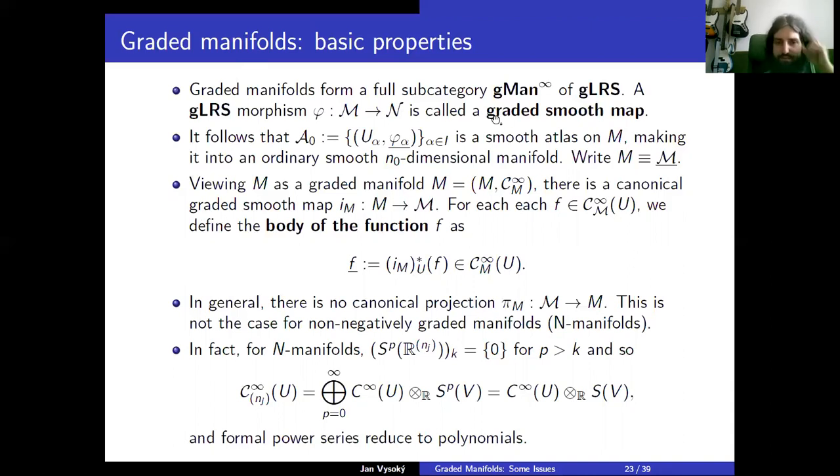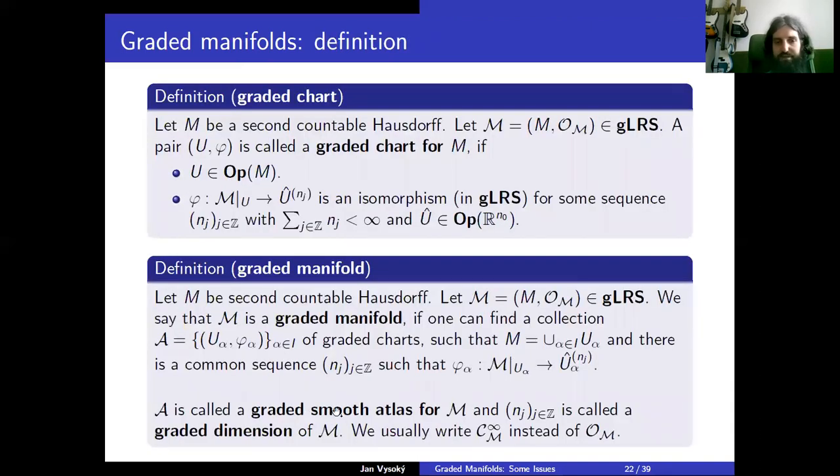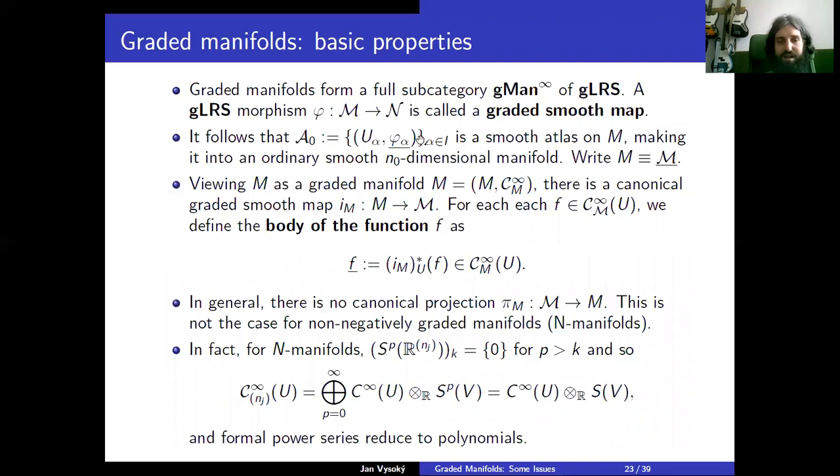And one can quickly check that if you take your given graded atlas and look, because all these phi's are pairs where one of these elements is a continuous map, so if I take these underlying maps, underlying my charts, and collect them all together, it is easy to check that this A0 is in fact an ordinary smooth atlas on my topological space M, thus making it into an ordinary smooth manifold which has dimension N0.